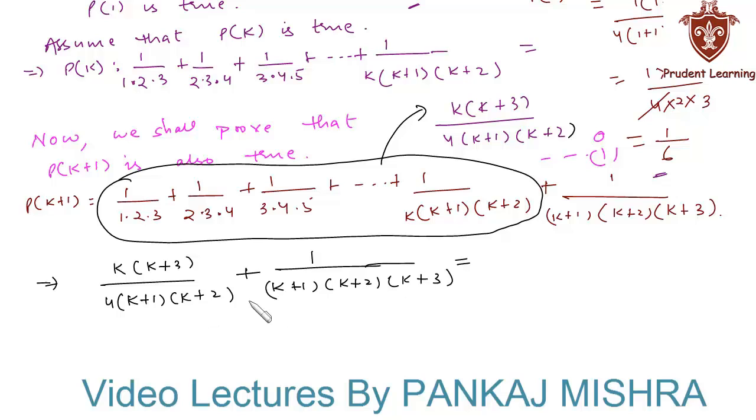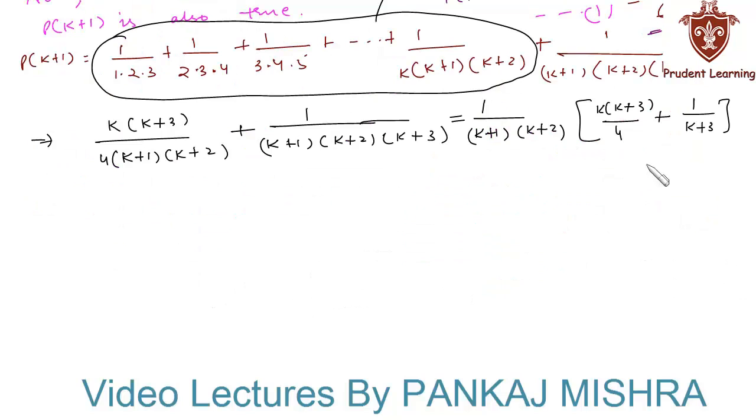Here we can take 1 upon k plus 1 into k plus 2 common from both these terms. So we have 1 upon k plus 1 into k plus 2 into k into k plus 3 upon 4 plus 1 upon k plus 3.